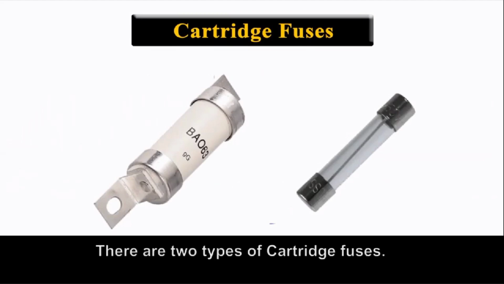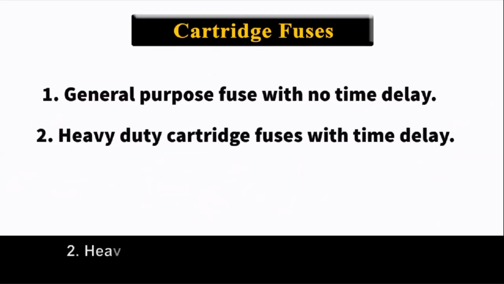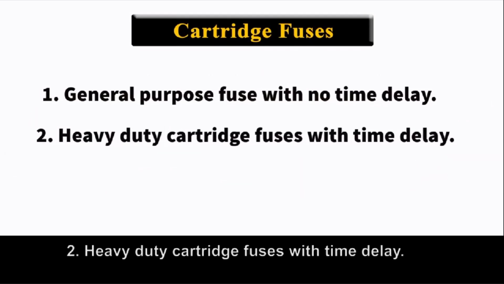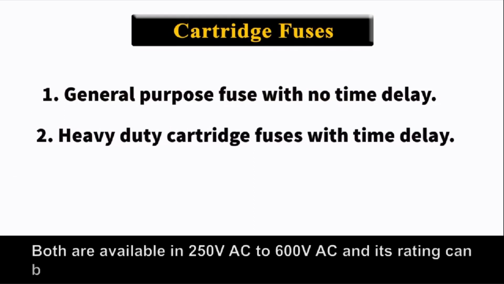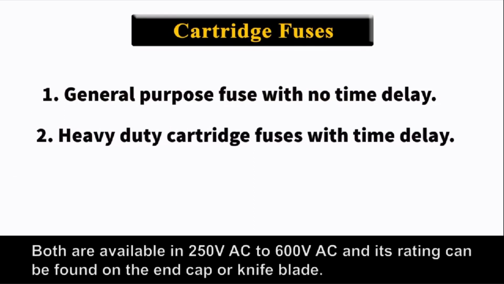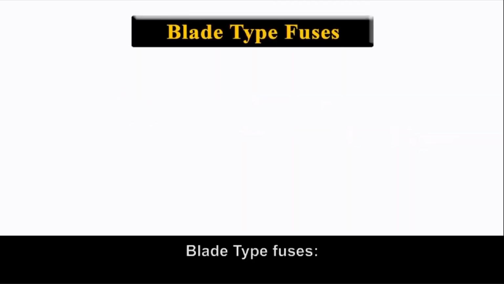There are two types of cartridge fuses. Number 1, general purpose fuse with no time delay, and number 2, heavy duty cartridge fuses with time delay. Both are available in 250 volt AC to 600 volt AC, and the rating can be found on the end cap or knife blade.